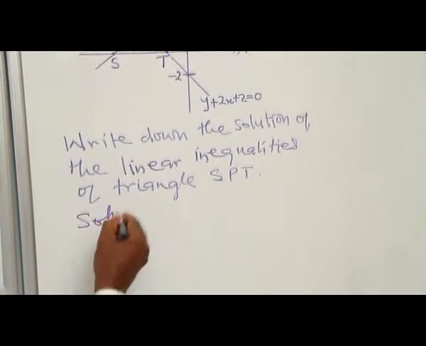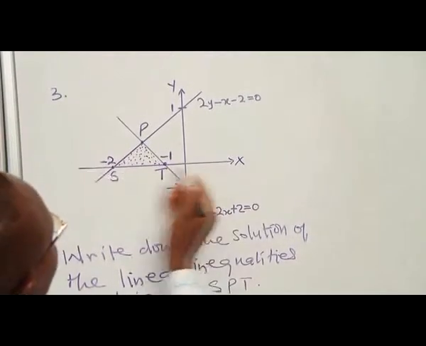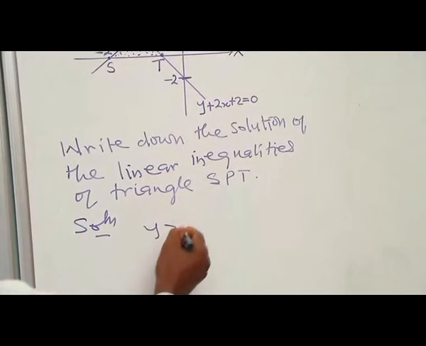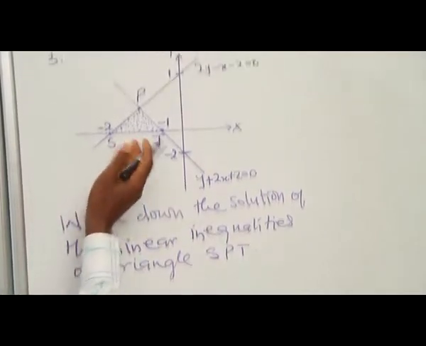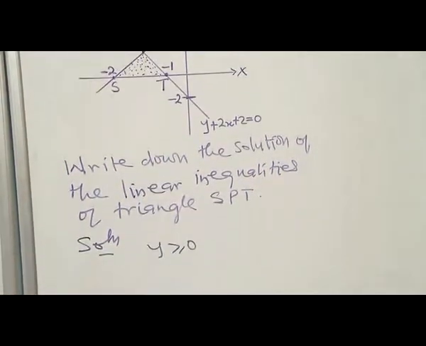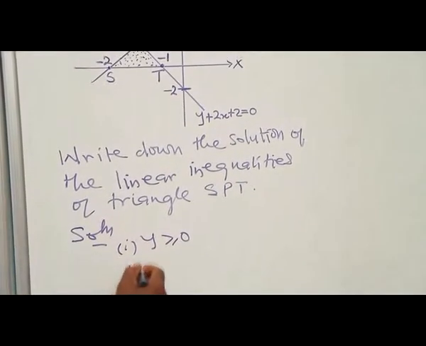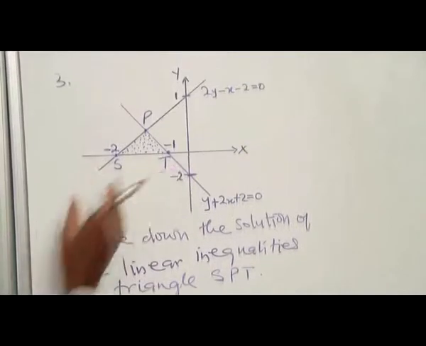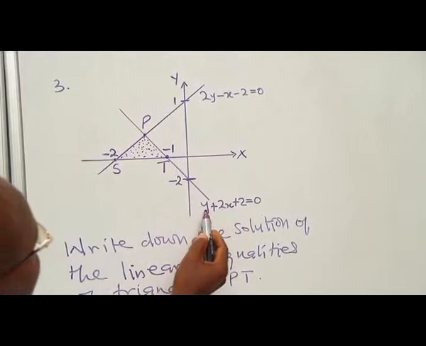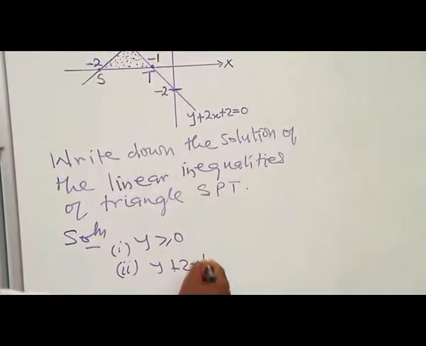Our solution, we take the first, take note that this horizontal line, the equation of the horizontal line is y greater than or equal to 0, in the sense that above is shaded, below was not shaded. So the first inequality is y greater than or equal to 0. The second inequality defining that region is this one here. You observe that the equation is already given to you, and that is y plus 2s plus 2.